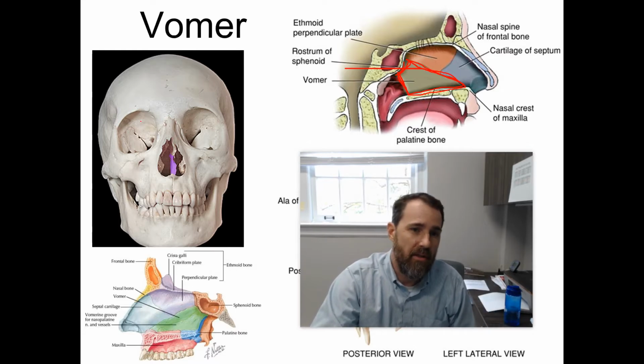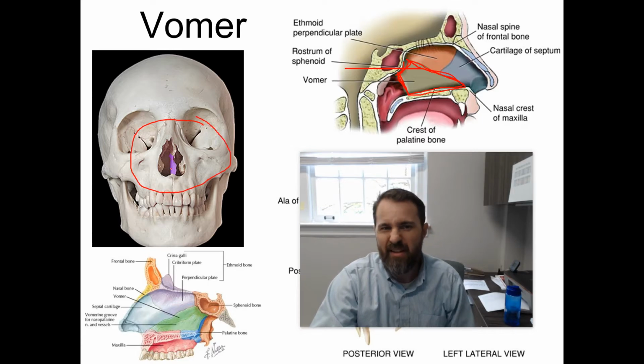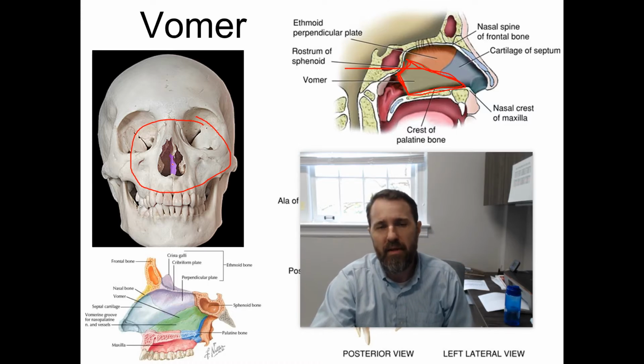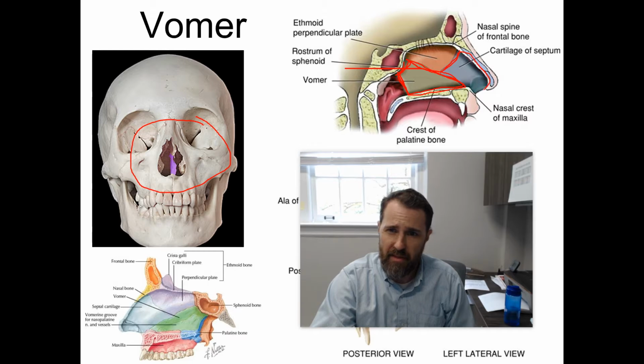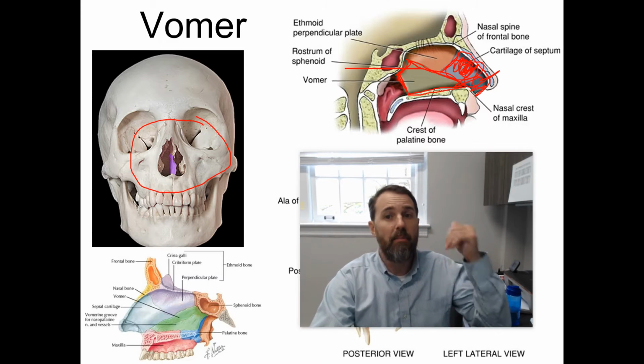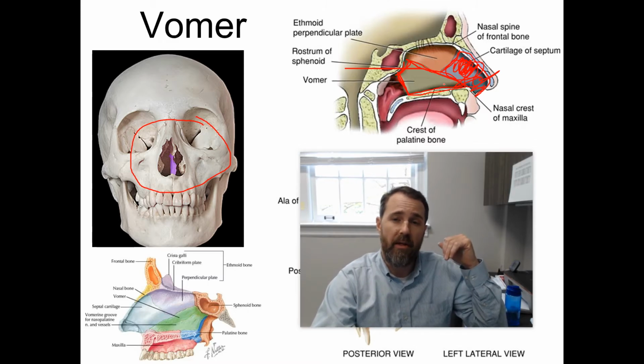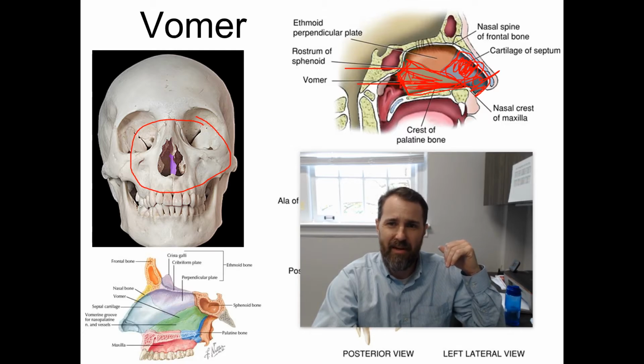If you look at this skull right here, you can see highlighted in purple this piece of bone that is deep within his nasal cavity. That is the vomer. So the anteriormost section of the nasal septum is cartilage. That's this portion right here. The inferior posterior portion of the nasal septum is the vomer, which is that piece of bone right here.